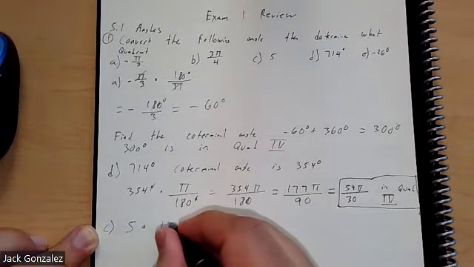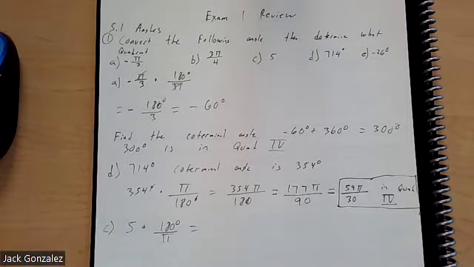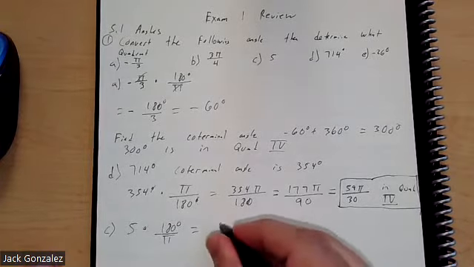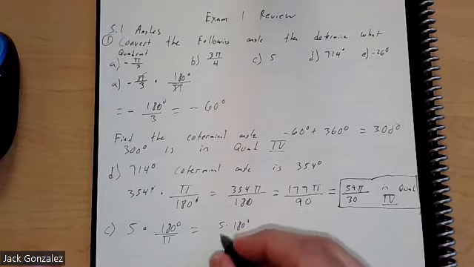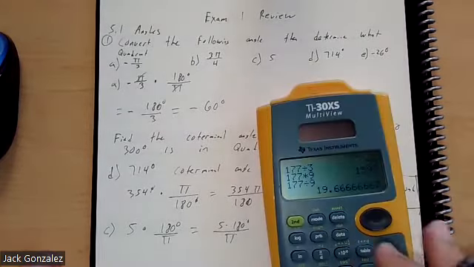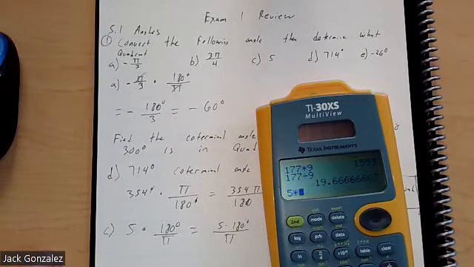Invisible pi. So that'll give me 5 times 180 over pi. I don't think it's going to get very exact. Where's the pi button? This guy.